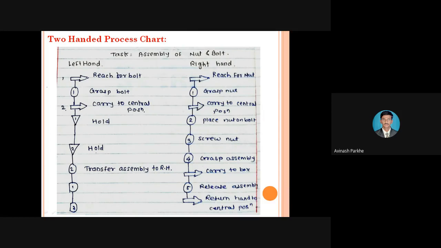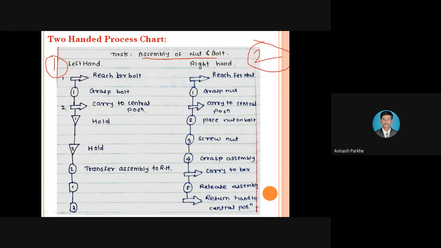So whatever the chart is in front of you, in the case of a two-handed process chart we have to draw two charts. One chart is for the left hand, here represented as the left hand chart, that is chart number 1, and at the right side, whatever movements are taking place by the right hand are represented in the two-handed process chart. The task I have taken is the assembly of a nut and bolt.